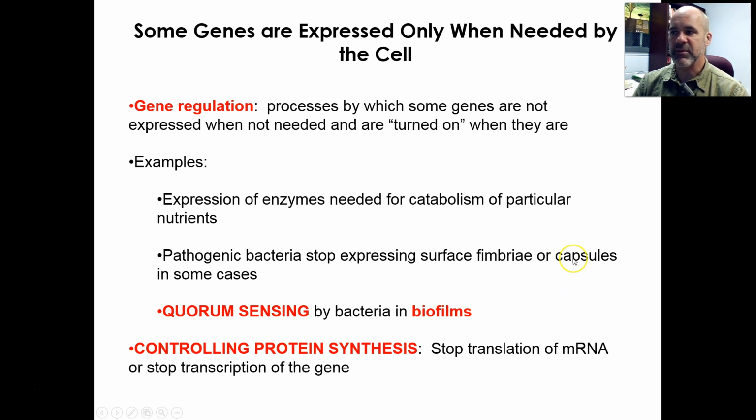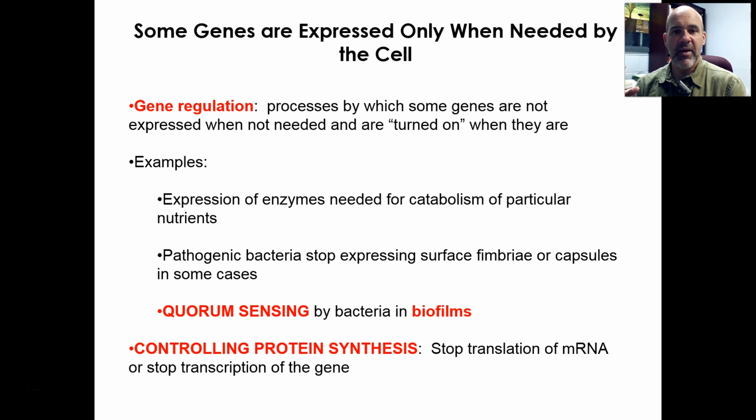Same thing with capsules. There are some pathogenic bacteria that express their capsules early during infection, but then quit producing those capsules later if it's advantageous to them to help them avoid the immune system. Quorum sensing in bacteria, we talked a little bit about that. That's a great example of genetic regulation.